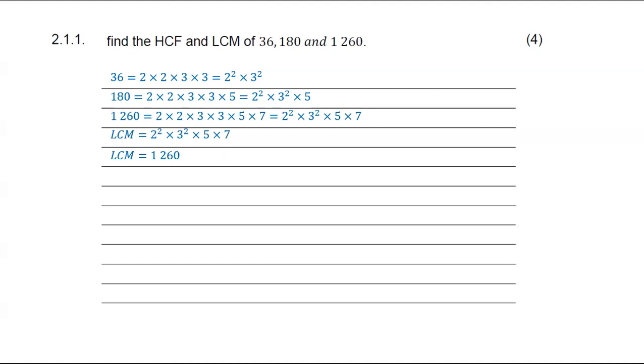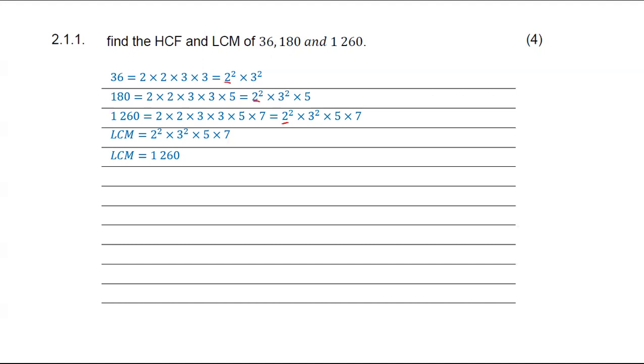The highest common factor, here you only look at common factors, meaning they have to be in all the products that you're given. So is 2 a factor of 36? Yes. Is 2 a factor of 180? Yes. Is 2 a factor of 1260? Yes. So that 2 will be part of the highest common factor. No, actually, I'm lying here.